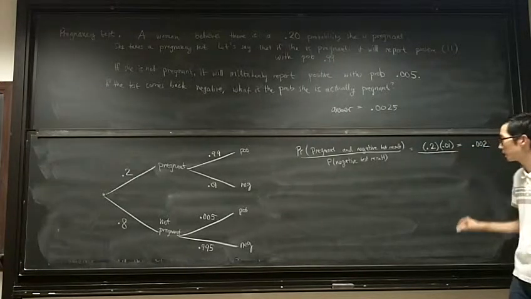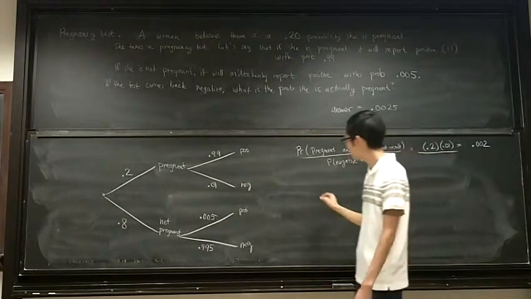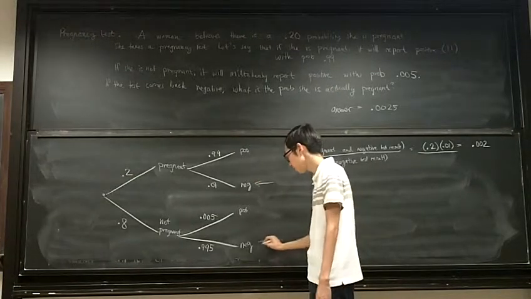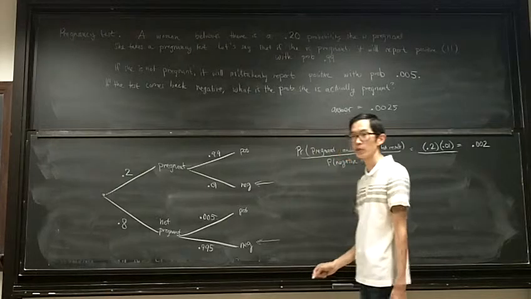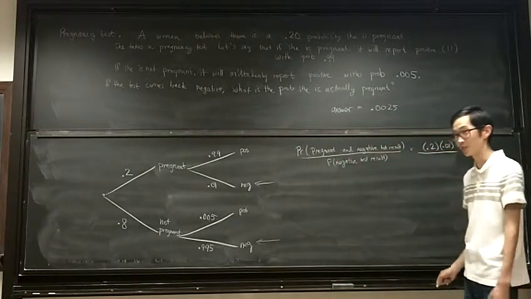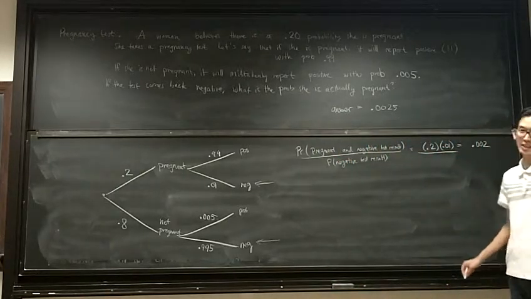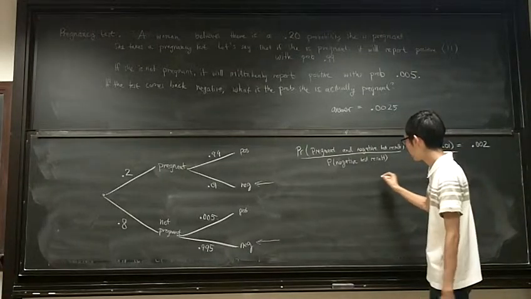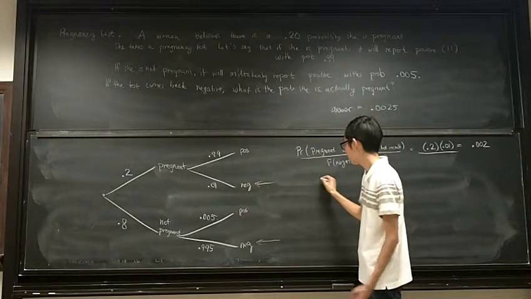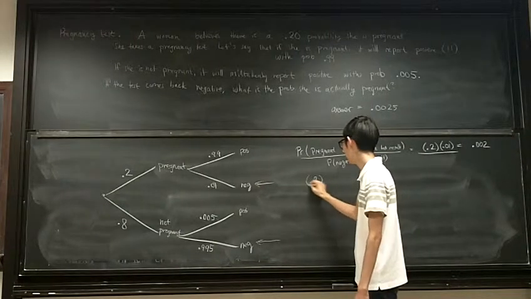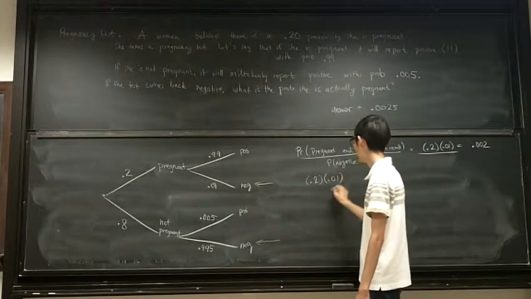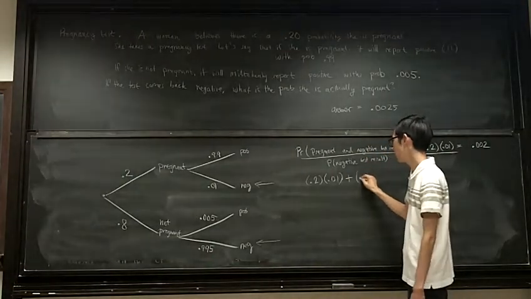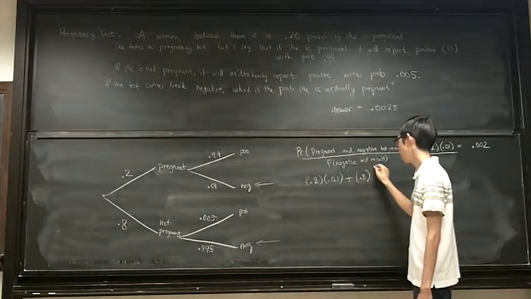What's the probability of getting a negative test result? Well, there are pregnant women who get negative test results and non-pregnant women who get negative test results, as they're supposed to if you're not pregnant. So there are two ways for this to happen. We have 0.2 times 0.01, these are the pregnant women who get negative test results, and we have the non-pregnant women who get negative test results.